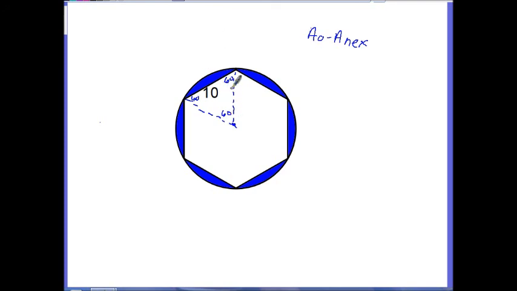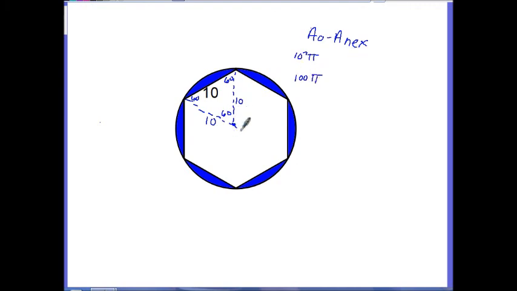Now, an equiangular triangle is also going to be an equilateral triangle. So we know that my radius is 10, so the area of my circle, radius squared pi, is going to give me 100 pi.